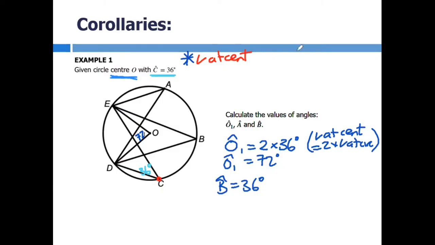Because you guys need to get used to this one. So you could have used angle at the center, because we've got the center angle now. But do you see my pretty pink bow tie? So that means the angle at C and the angle at B, so the 2 points on the side there, they have to be equal to each other. So that tells me that angle B is 36 degrees. Your reason for that is angles in the same segment.